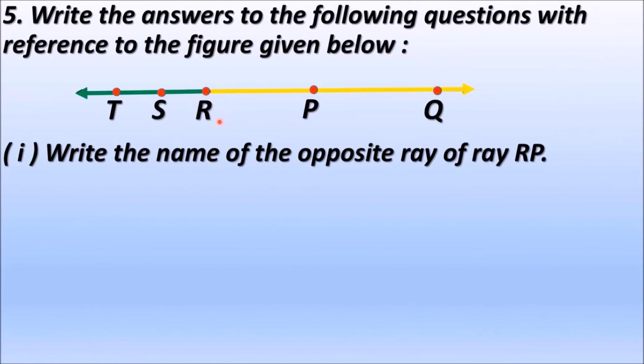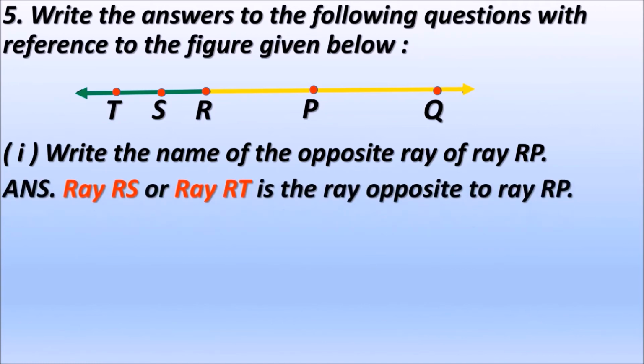Hence the ray opposite to ray RP is ray RS or ray RT. It is the same ray with two different names.